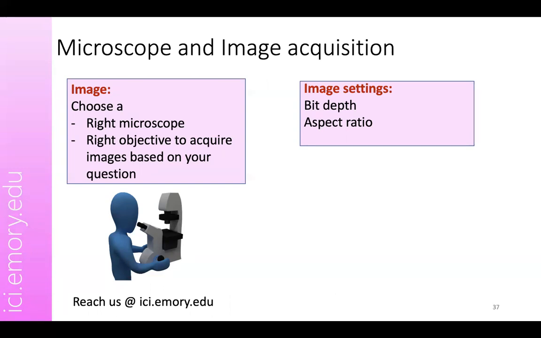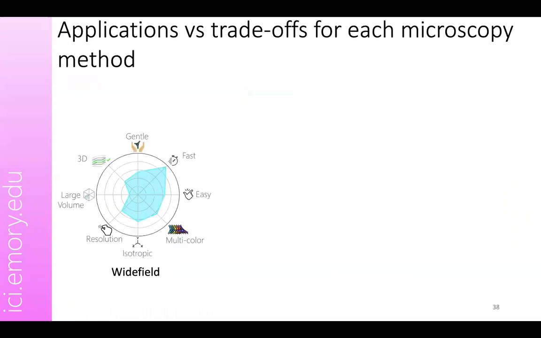Here, I'll talk a bit more about image settings such as bit depth, aspect ratios, and in general, what happens in terms of input and output, and in terms of the imaging modalities that you are using, right? There is no particular imaging modality that answers all your questions. There is always going to be some negotiation that you need to do when it comes to individual methods.